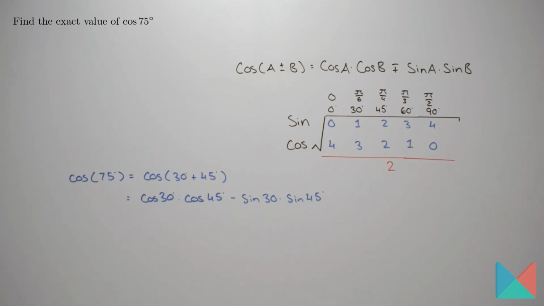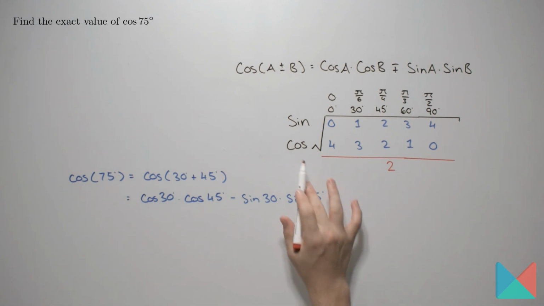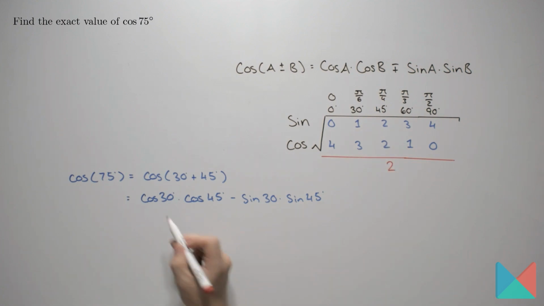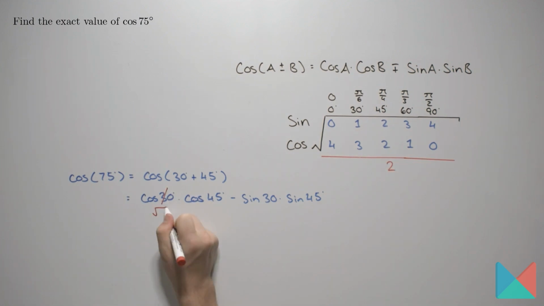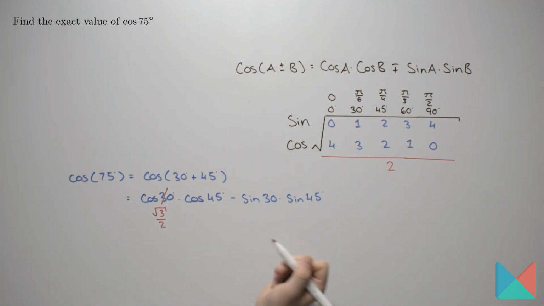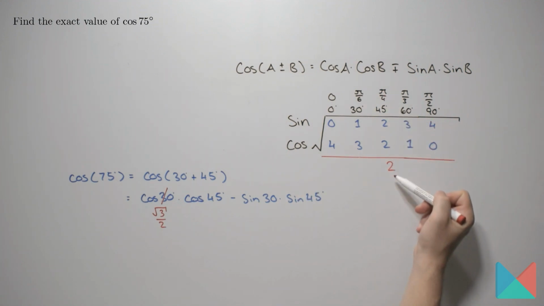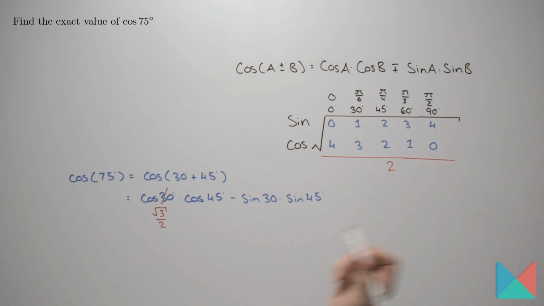And now you can see here that we know the exact values of all of these separate terms. So we're going to make these substitutions in, and we're going to get, starting with cos of 30, going along the cos row and the 30 degree column, the square root of 3 over 2. So cos of 30 is root 3 on 2. And to get cos of 45, going along the cos row, 45 degree column, we get the square root of 2 divided by 2.